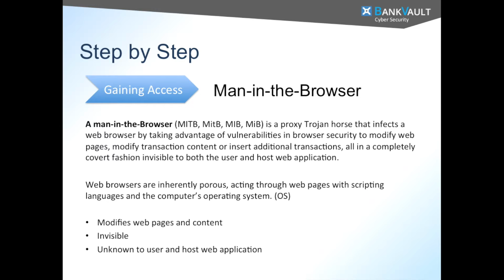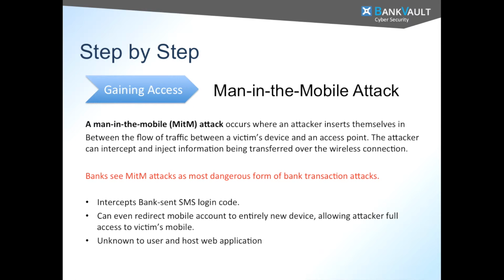Similar to a man-in-the-browser attack, we have the man-in-the-mobile attack, or mobile device MITM. That occurs when the attacker inserts himself in between the flow of traffic between a connected mobile device and an access point. So the hacker might create a fake Wi-Fi or even a fake cell tower connection point.